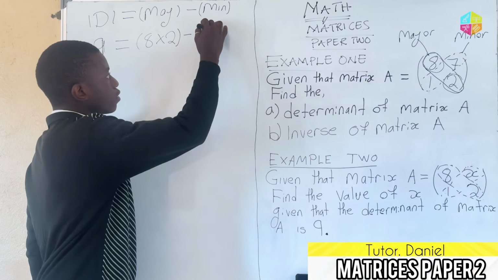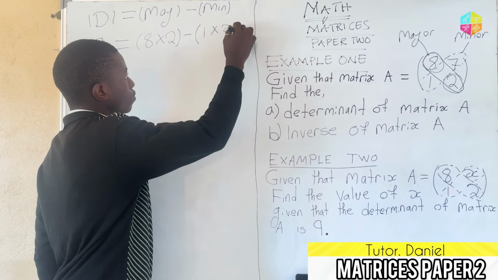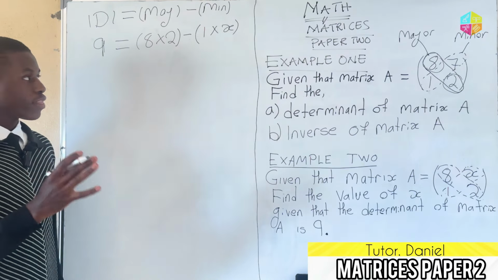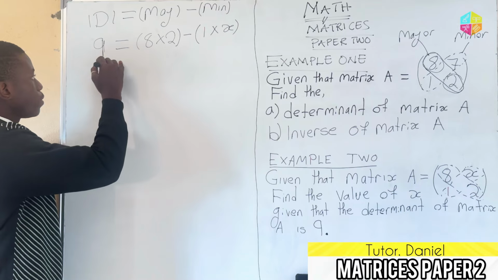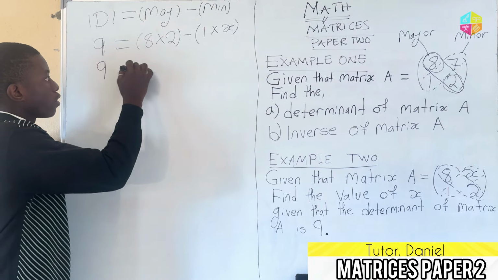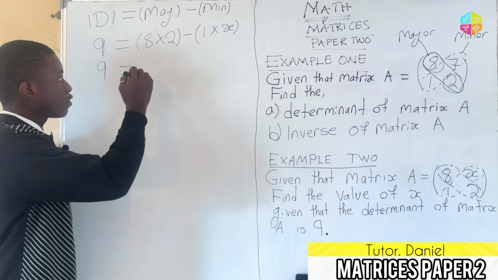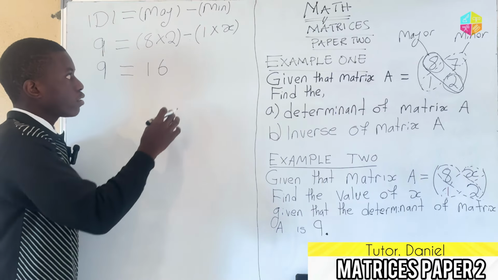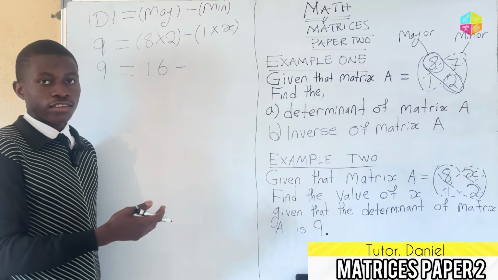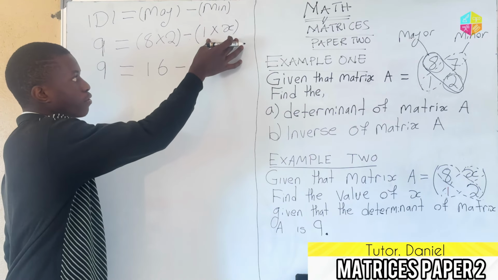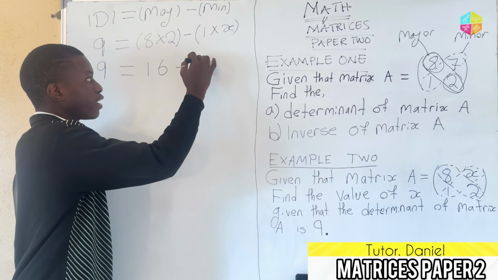So I'll say 1 times x. Later on I'll simplify. So 8 times 2 is 16. Then minus 1 times x is simply negative x.